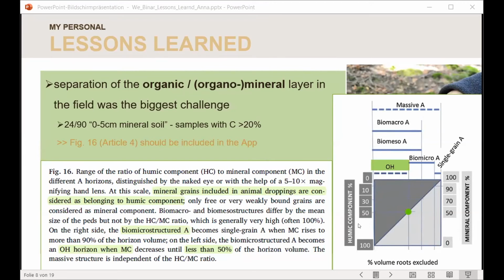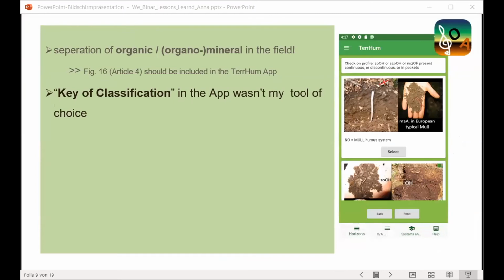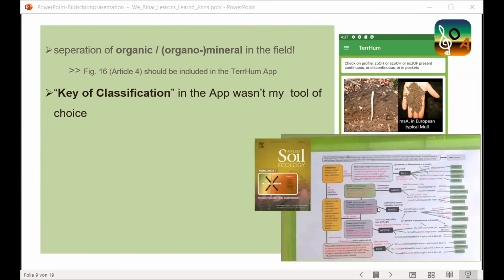The app included also a classification key. It was not that useful for me. The idea is that by answering yes and no questions you classify a humus form, but due to the fact that it was often not so easy to answer with yes or no, I switched very quickly to the dichotomous tree key and the key in the Humusica article number 5, which I always carried with me in this folder, as you see.